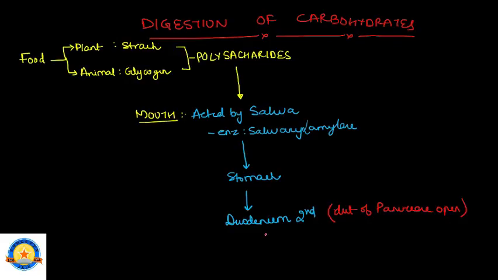So here it is acted upon by pancreatic juice. But what is the point here? Pancreatic juice will act on this, but the problem is that pancreatic juice cannot break down the terminal alpha linkages.